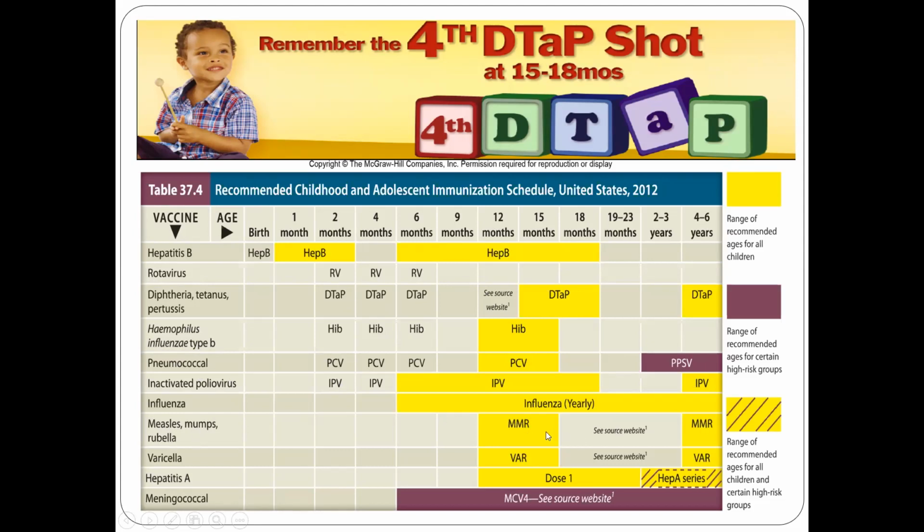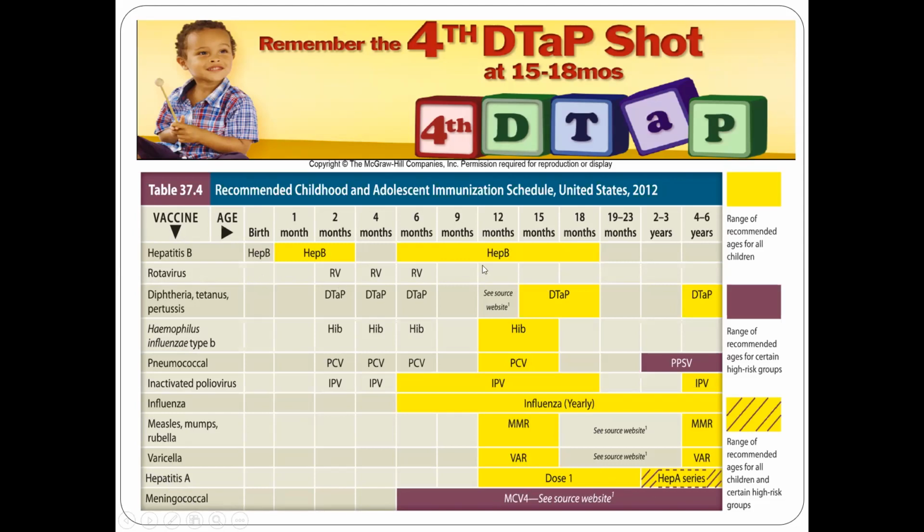If you're international students coming to the United States, you're required to take that one, and that is only one shot. Most of the time it is one shot per lifetime because it comes from a live cell, so it will activate B cells and generate antibody. The others, like hepatitis A and meningitis, we will mention later on.